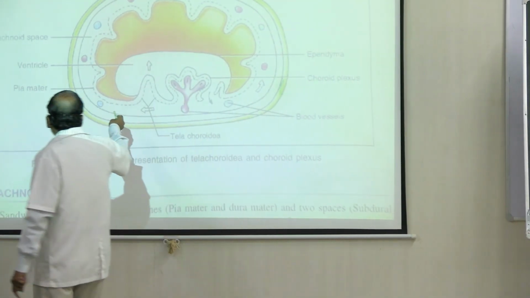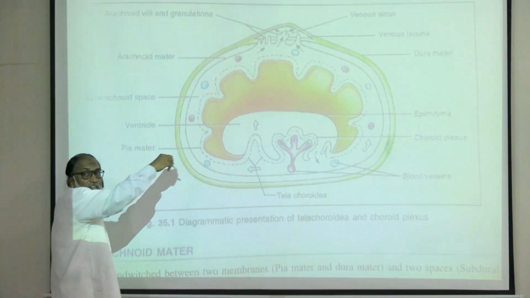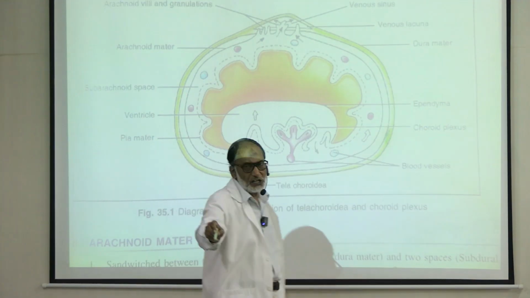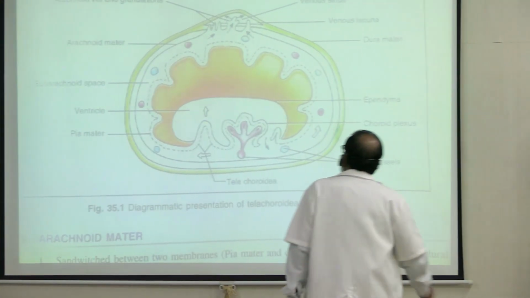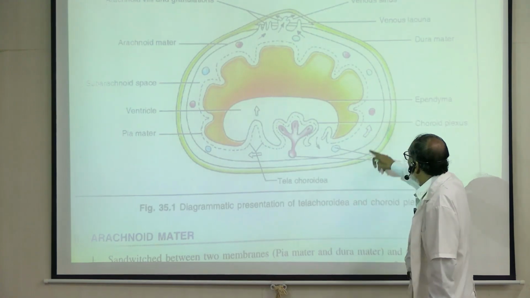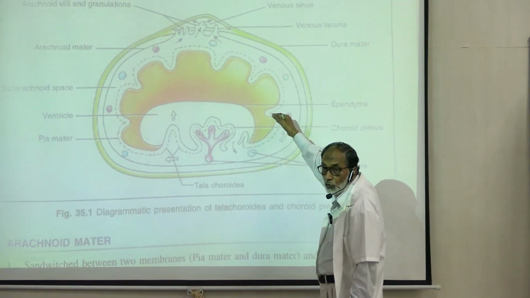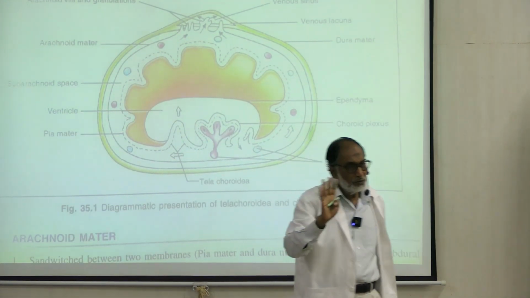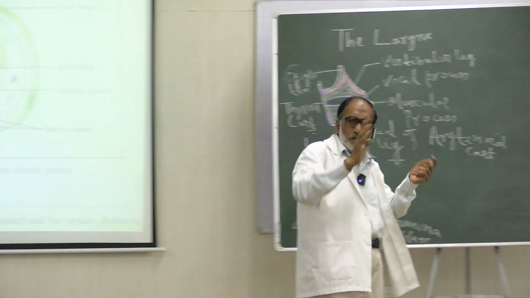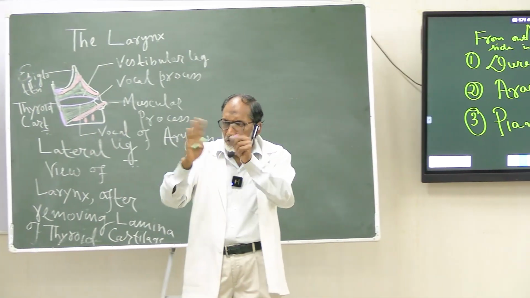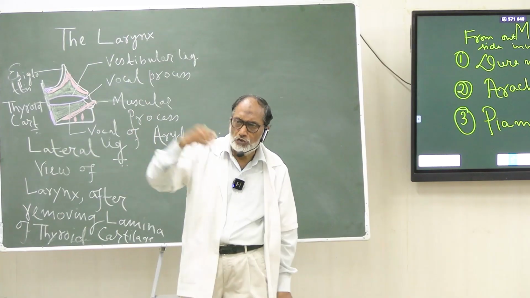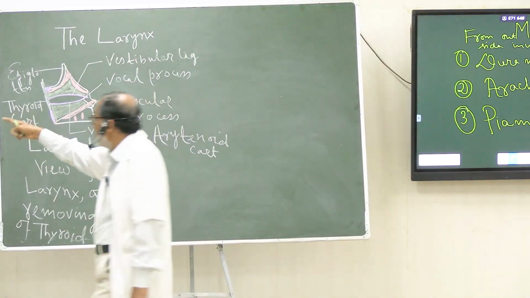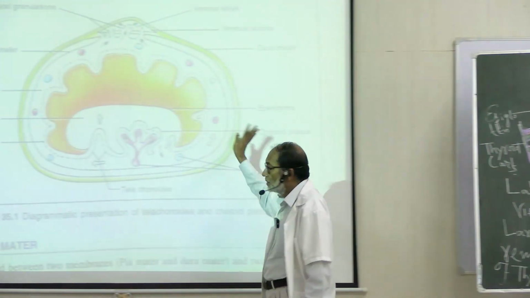And here you see the Pia mater has entered into the depth of the sulcus, right? But the arachnoid mater does not follow. It just bridges over the sulcus, right? Pia mater intimately invests the brain and enters into the sulcus.